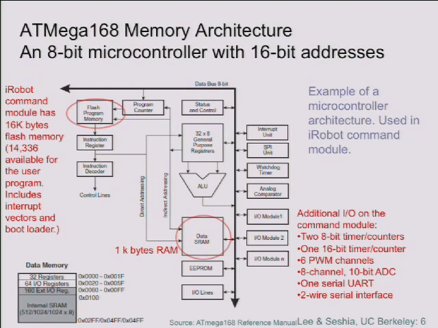The next 64 addresses refer to I/O registers. By the way, how big are each of these registers? How many bits? 8. It's an 8-bit processor. That's what it means. All the data is 8 bits. Data is referred to in 8-bit chunks.